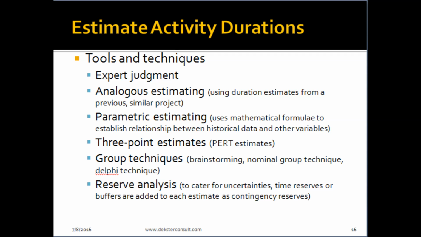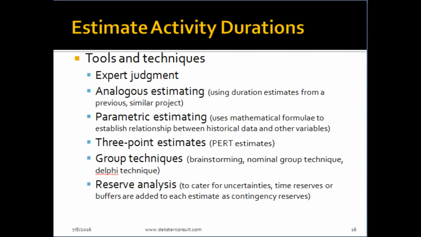Tools and techniques that we could make use of. Again, we could depend on experts for their judgment. Various estimating techniques could be used here, including analogous estimating, that is using duration estimates from a previous similar project to predict the estimates for the current project. Parametric estimating uses mathematical formulae to establish relationships between historical data and other variables.